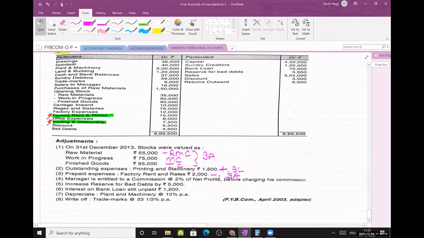Entitled means outstanding. He has not received it yet, he is going to receive it. Anything that is going to be received is future tense, and future tense means it is outstanding. Simple as that.